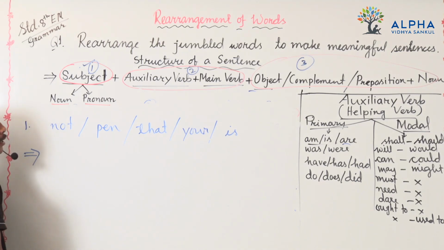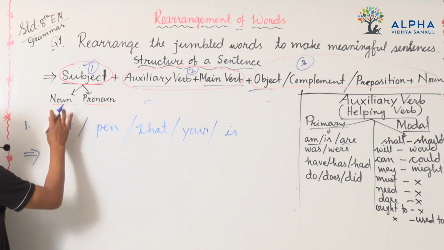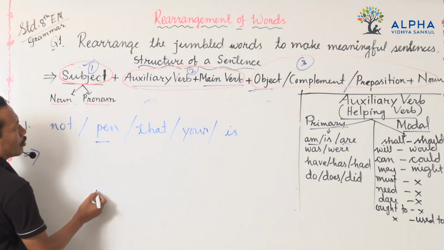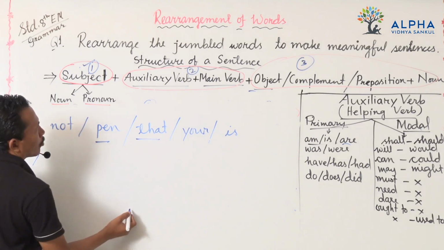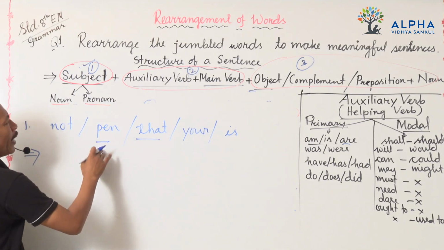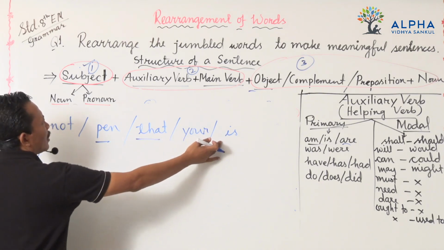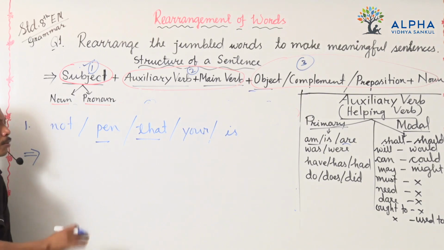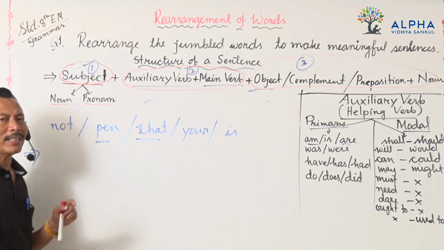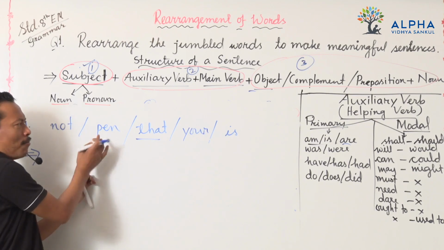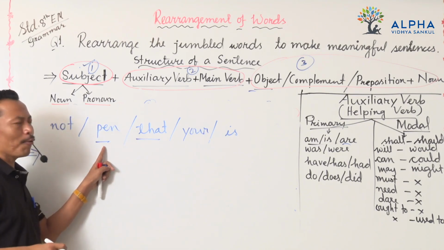Then which one would be the answer? I told you that subject should be noun or pronoun. Pen is noun, that is pronoun. Pen is not your, it has no meaning grammatically. It is wrong. Pen cannot be the subject.